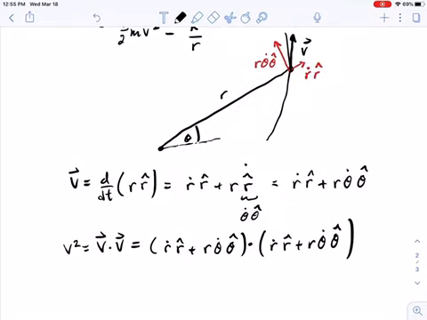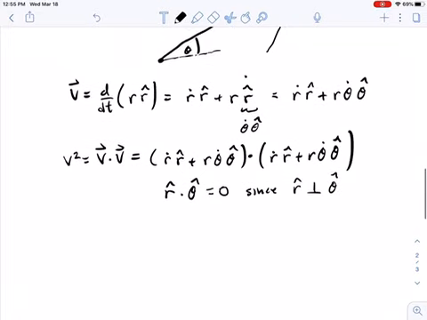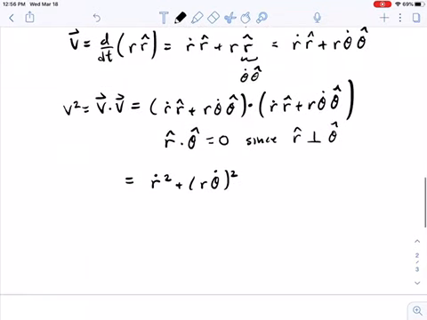The theta hat and r hat directions are perpendicular to one another, so r hat dot theta hat is going to be 0, since r hat is perpendicular to theta hat. And then r hat dot r hat, of course, is 1, and theta hat dot theta hat is 1. Okay, so when you evaluate this dot product, we're going to get r dot squared plus r theta dot squared. And so that's v squared, which we're going to use in the kinetic energy, 1/2 mv squared.